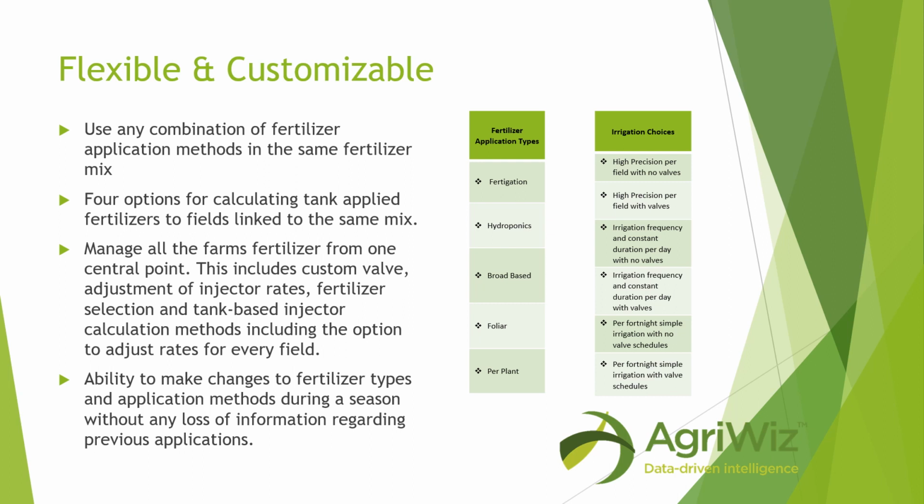This includes custom valve adjustment of injector rates, fertilizer selection, and tank-based injector calculation methods, including the option to adjust rates for every field. And you have the ability to make changes during the season to your fertilizer types and application methods without losing any of the information regarding previous applications. In addition, you have 6 different choices of precision of irrigation, and those are illustrated on the far right.